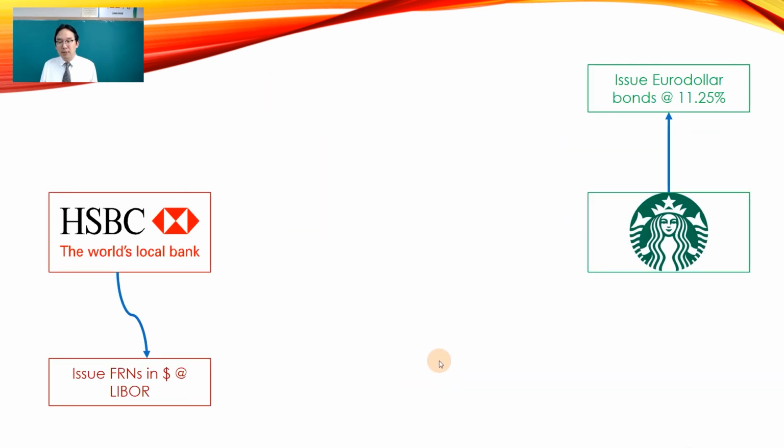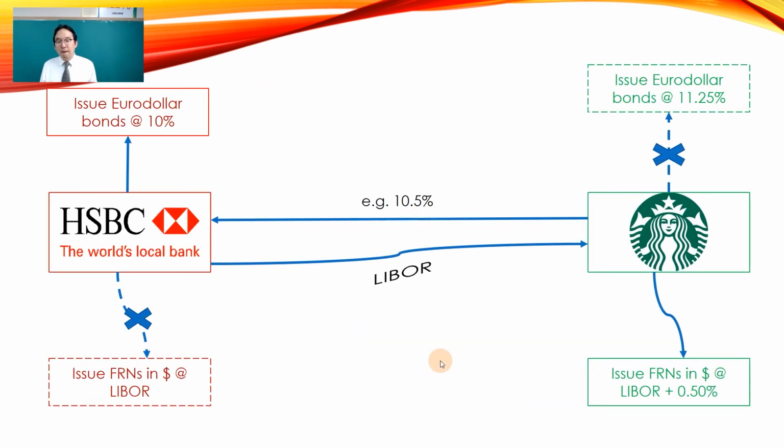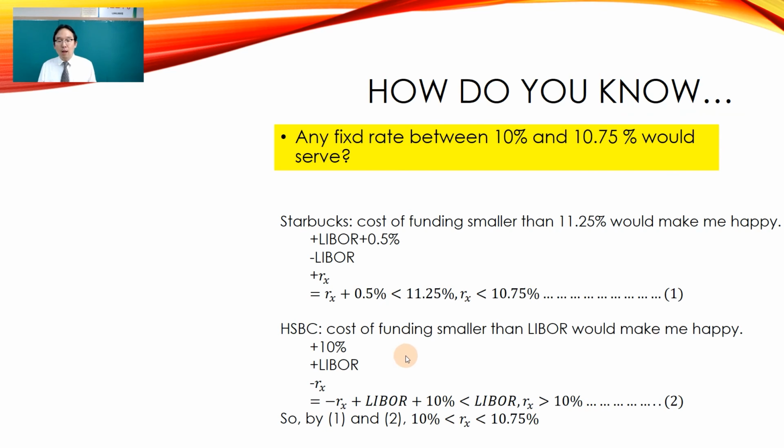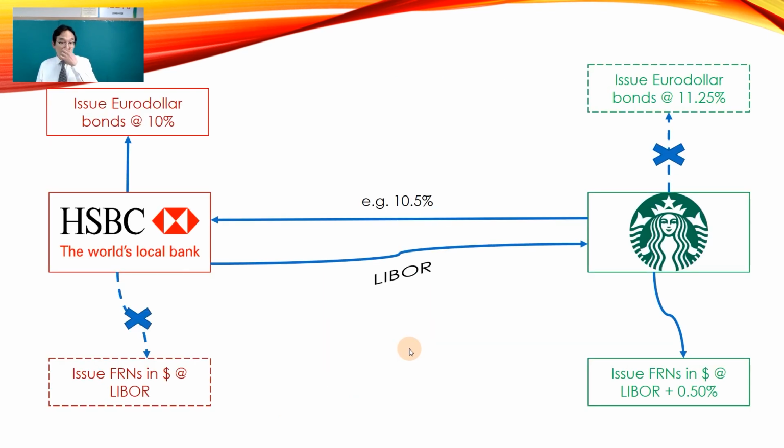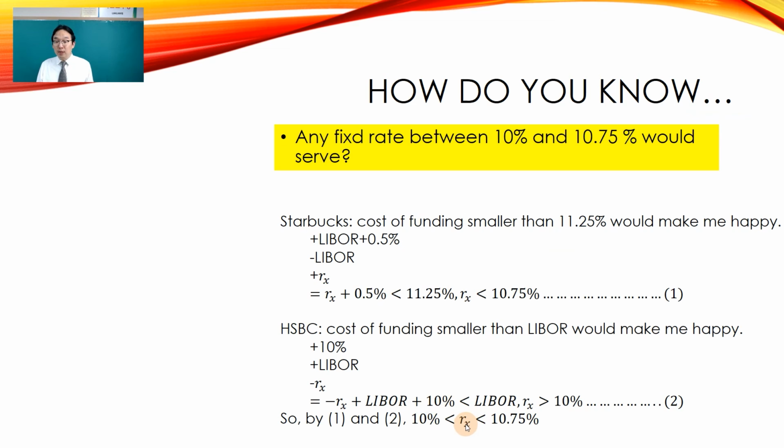Now, for example, 10.5% could be a solution in this situation that satisfies this condition, 10 and then 10.75%.